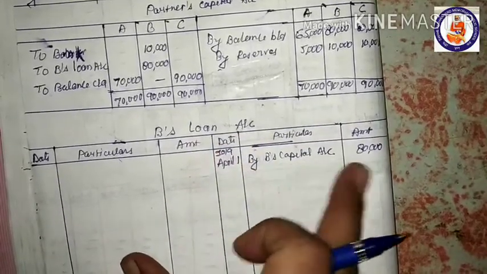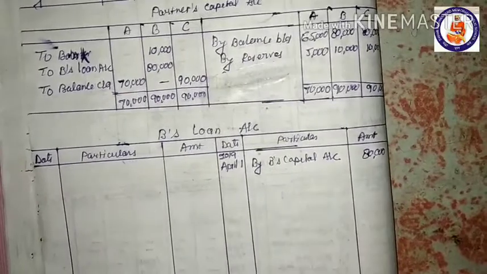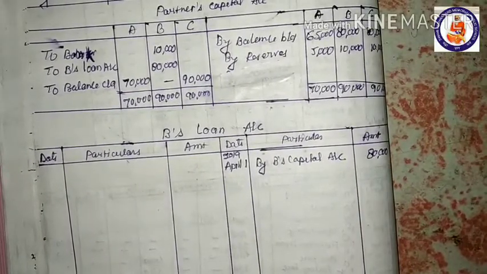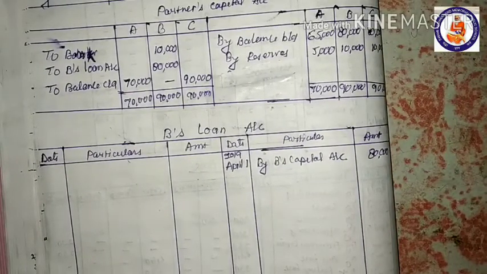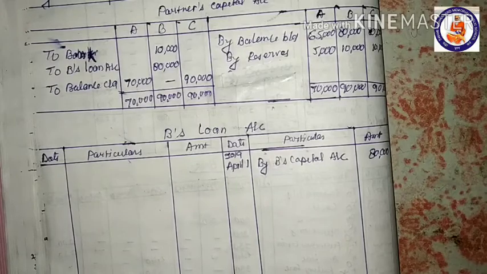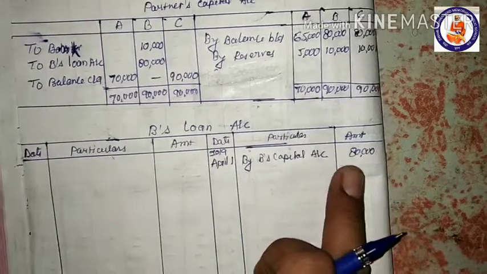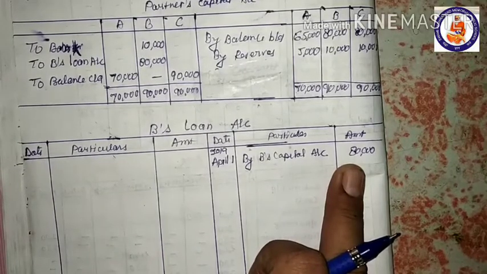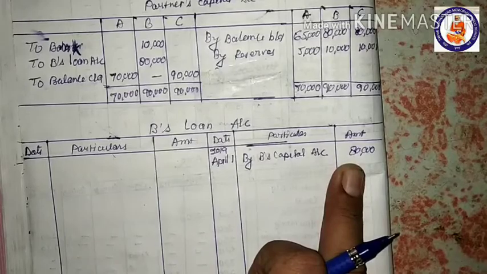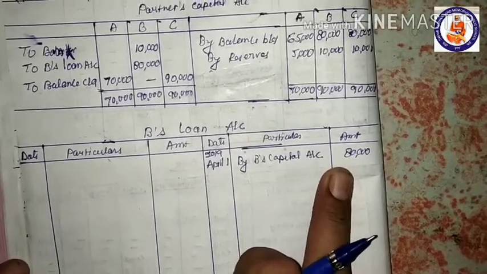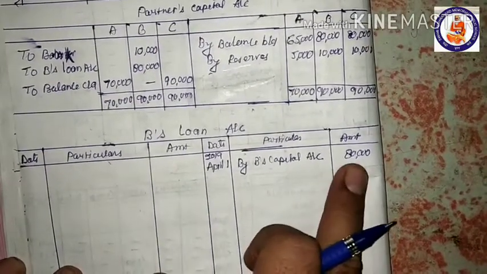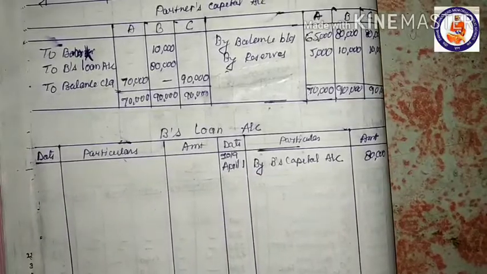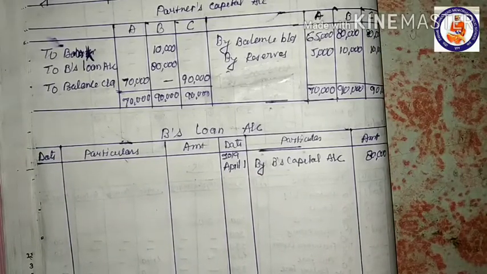If he is retiring on April 1st, 2019, this amount is transferred to his loan account, and on 31st March next year he will be paid the amount and the interest on that date.